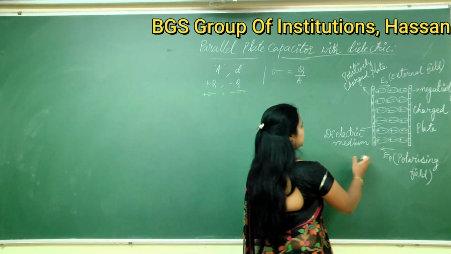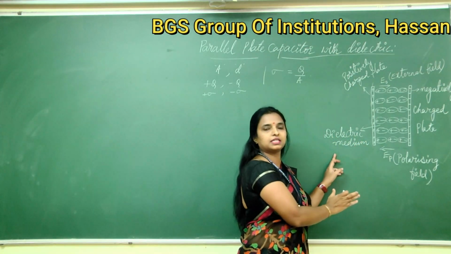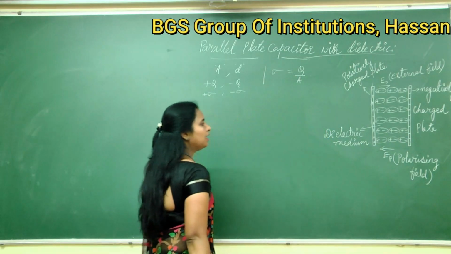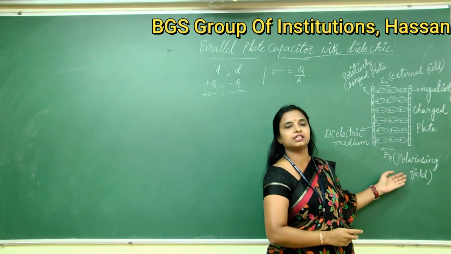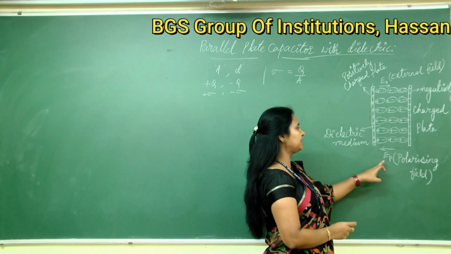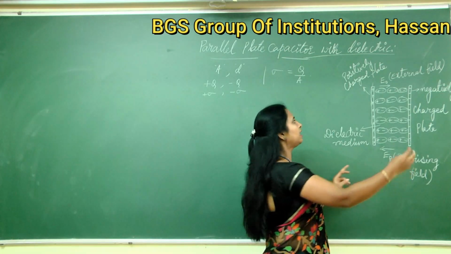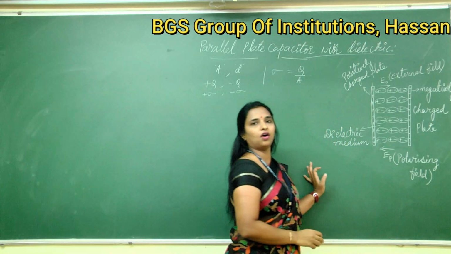So now let us introduce a dielectric medium of dielectric constant K within the conductors. Okay? Then there will be a polarization in the dielectric, and that electric field is taken as EP, and without dielectric, that is the external electric field, is nothing but E0.